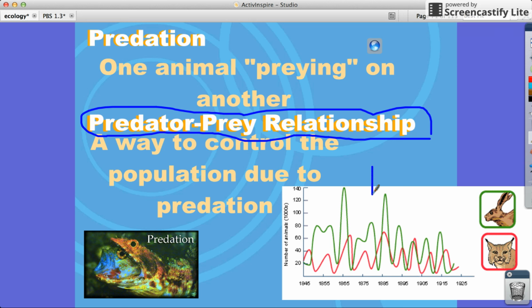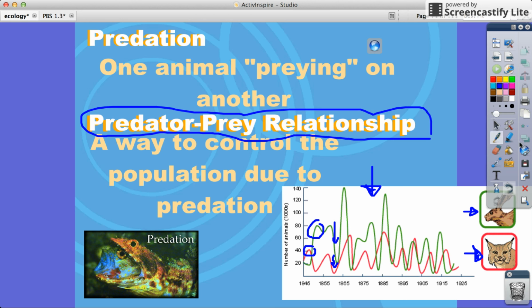You'll see from this graph below that the link between the hare and the lynx are connected. As the lynx rises, so will the prey animals because they go in sync. If there's more for them to eat, there's going to be more lynx. As soon as that prey animal declines, so will the lynx.